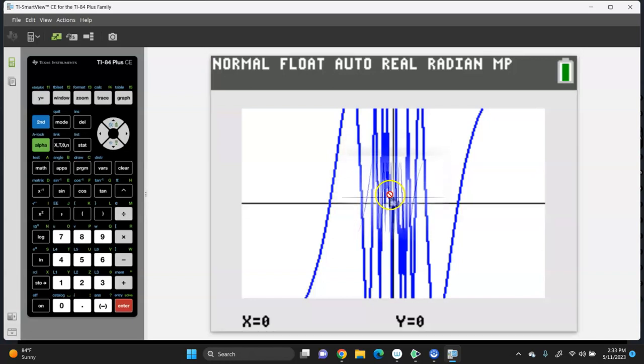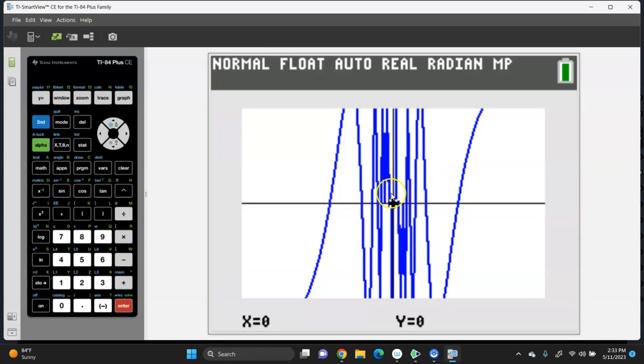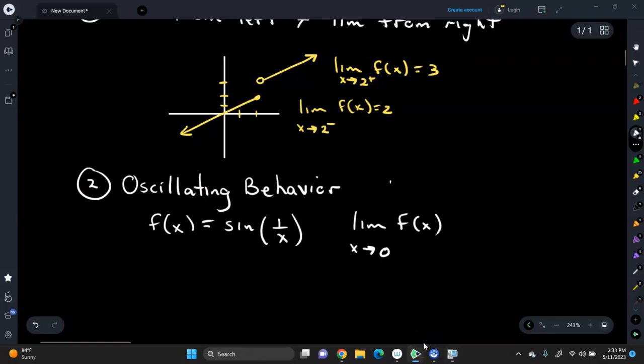I don't know what the value is, but it's positive. So these two limits are not going to exist, although it looks like they're approaching the same value. It's really kind of a weird thing, and it's best to just memorize that if it's oscillating, the limit does not exist. So that's another case where the limit does not exist.